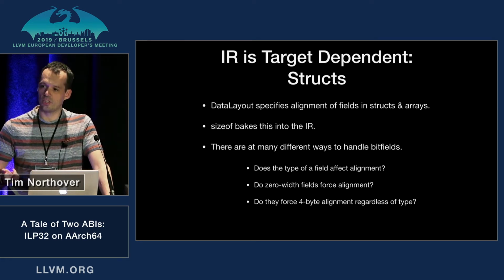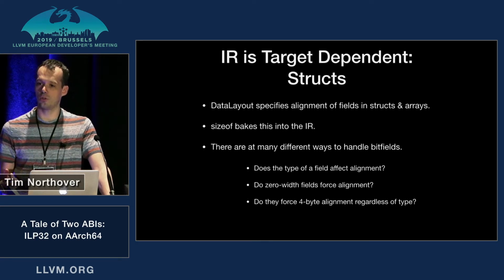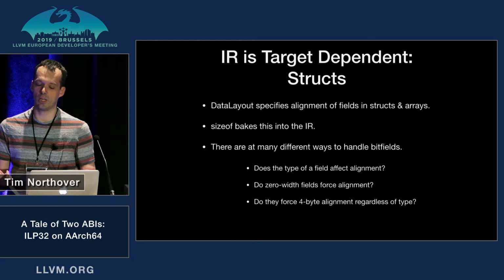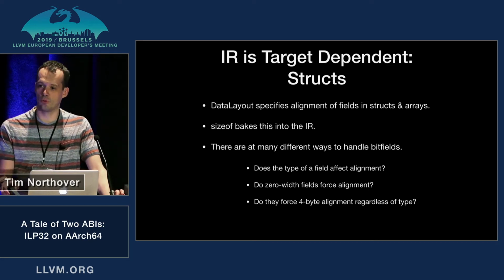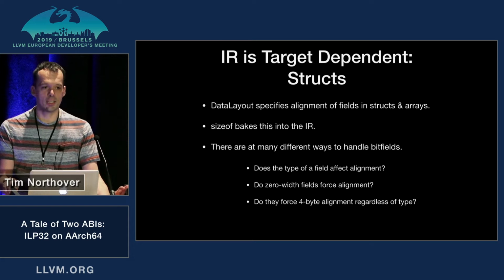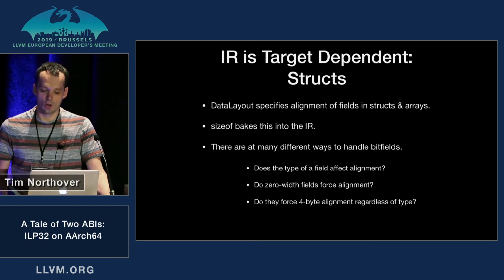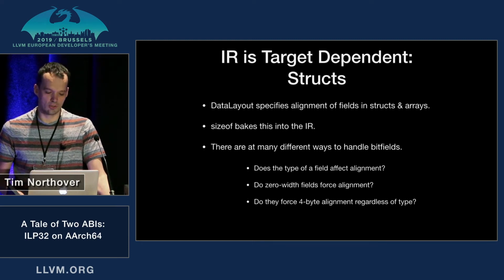Some platforms say yes and will just carry on. Others say no and will bump the field up a little bit further to an alignment boundary if it would do that. Zero-width bit fields can either be completely ignored or they can be treated as hints to align the next field to a particular value, or occasionally just to align it to 4 bytes, because why not?